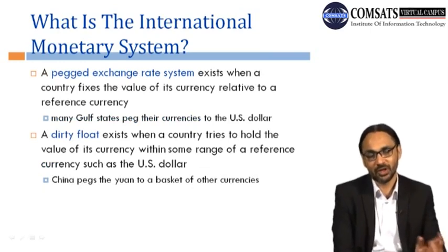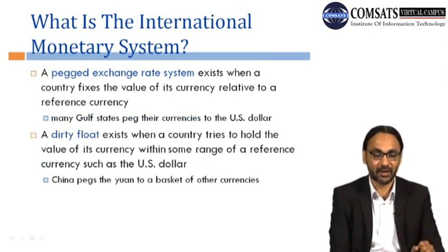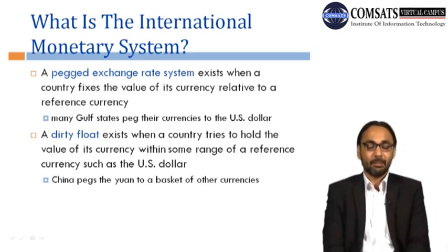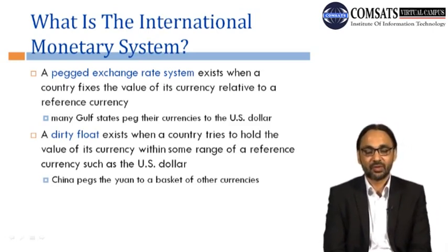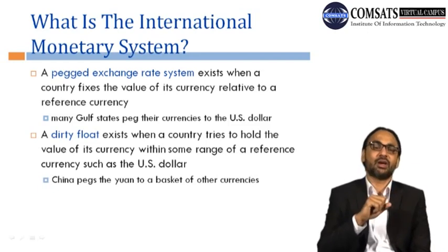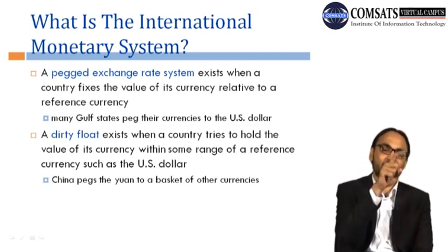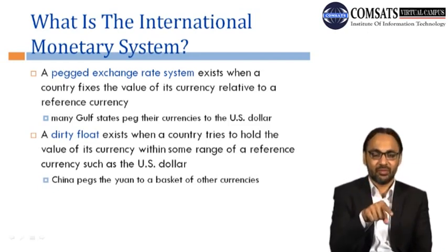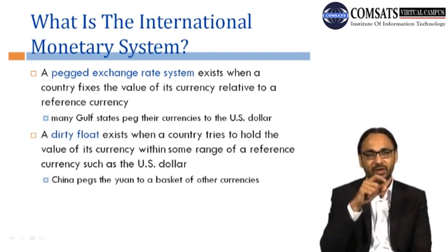Another exchange rate system is the pegged exchange rate system. It exists when a country fixes the value of its currency relative to a reference currency. Many Gulf states peg their currency to the US dollar. Peg means fix.